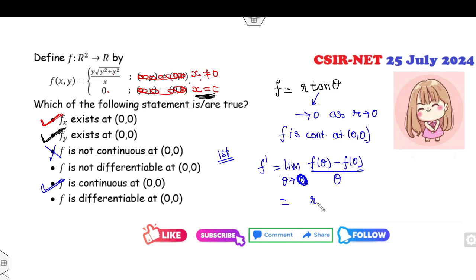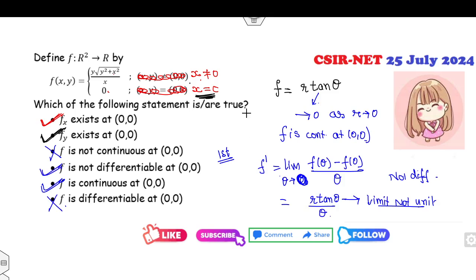It will be r tan theta minus f of 0, tan 0 is 0, over theta. So clearly the limit is not unique. Why? Because for different values of theta you get different values. So that means this limit is not unique, that means it is not differentiable. So not differentiable, cancel.